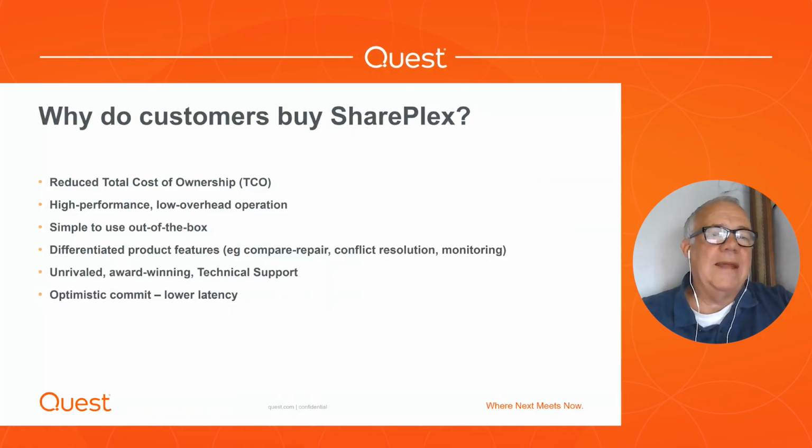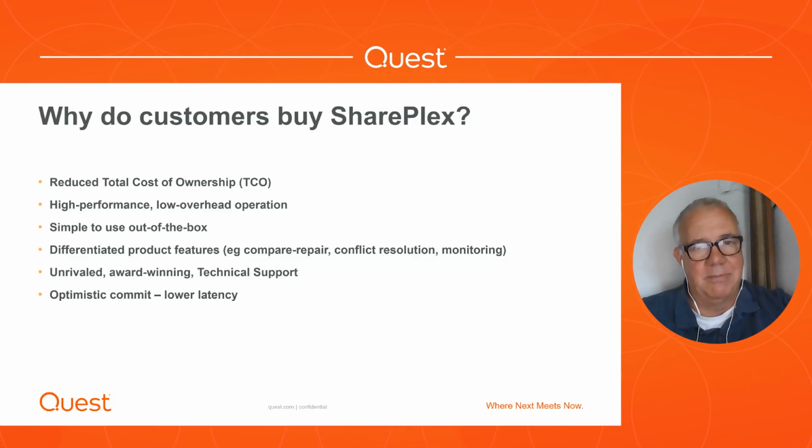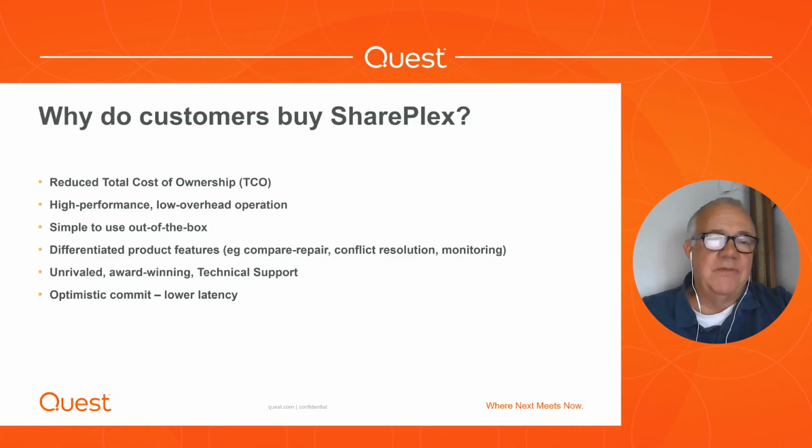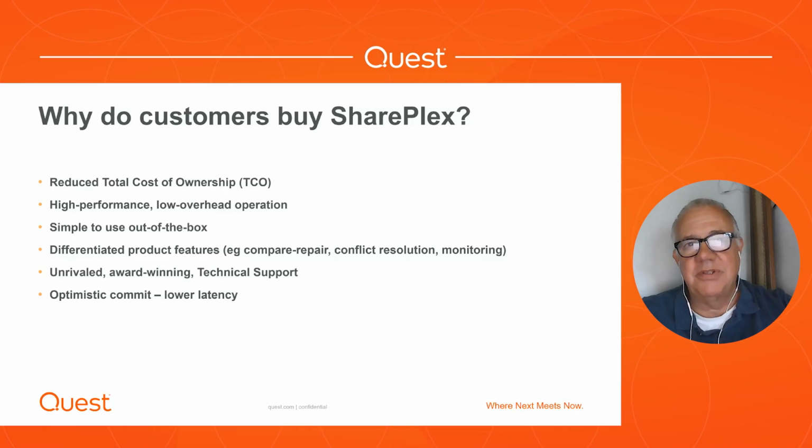So why do customers buy SharePlex? Well, one is the reduced cost of ownership. This is the combination of subscription along with the operational costs. It is simple and easy to use out of the box, relatively speaking. We've had customers tell us that they were using other solutions.